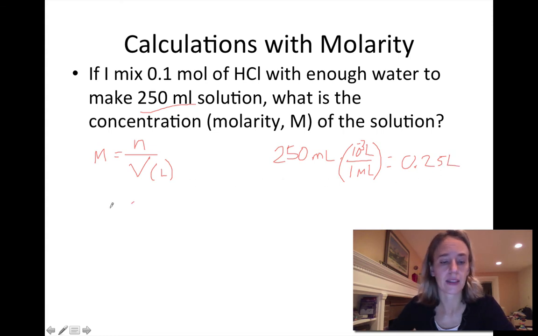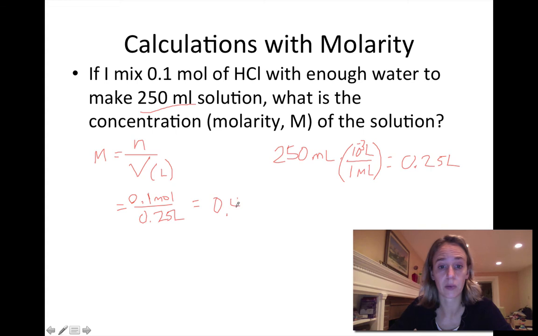So back to this formula. If I have 0.1 moles, I substitute that in for n, and I divide that by 0.25 liters. Now I just have to do the math. That gives me a molarity of 0.4 molar.